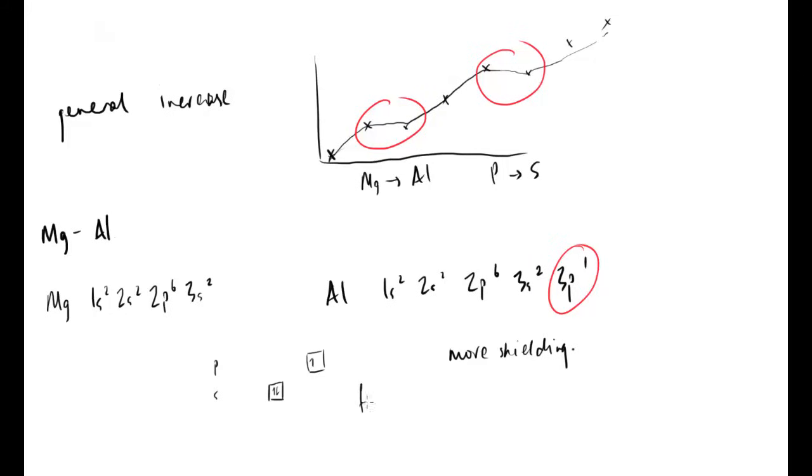So more shielding, further away from the nucleus. I'm talking directly in terms of aluminium here, not magnesium. So aluminium has more shielding, and this electron is further away from the nucleus. You could answer the converse for magnesium, but I would stick with looking at aluminium.